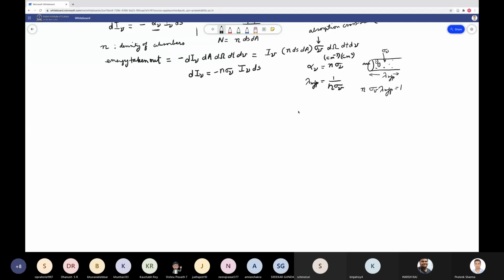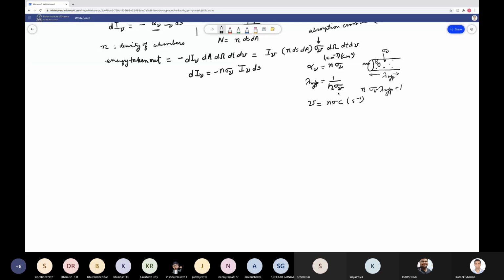The other thing is we can actually define the collision frequency. Collision frequency of photons with particles is nothing but n sigma c. You can see this n sigma has dimensions of 1 per centimeter. c is the speed of light, so centimeter per second. So this is per second. How many collisions do photons have with matter per second?